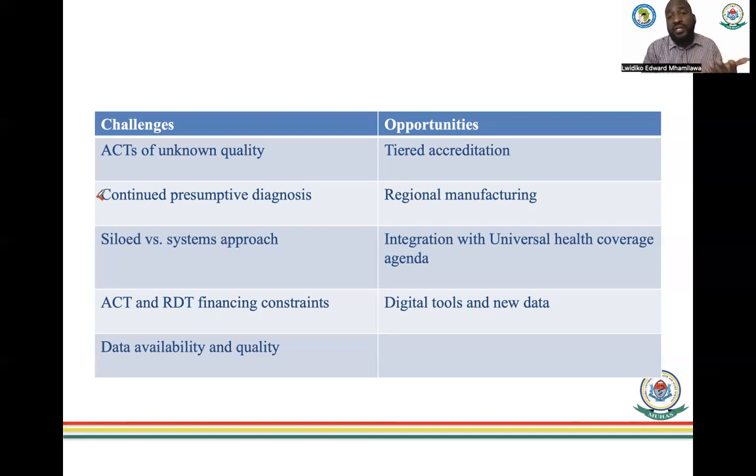But we should also start thinking about manufacturing locally within the African continent, or even in the East Africa region, because COVID has shown us that it disrupted a lot of things when it comes to supply chains. This is an opportunity for us to start considering regional manufacturing. It might have a financing problem, but it's an opportunity to look into.